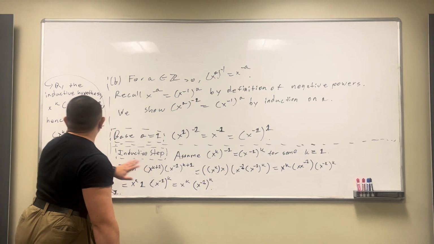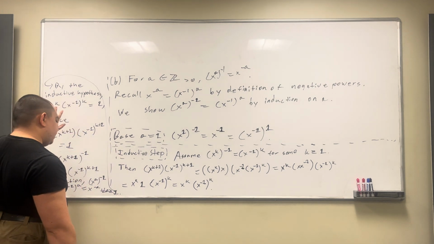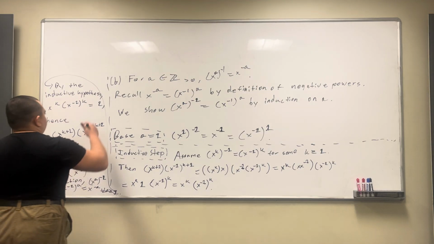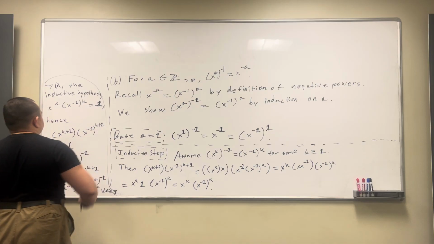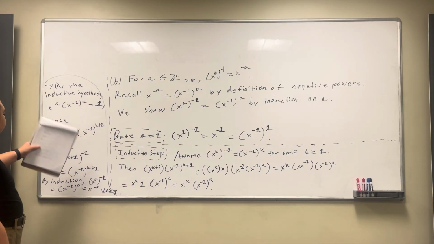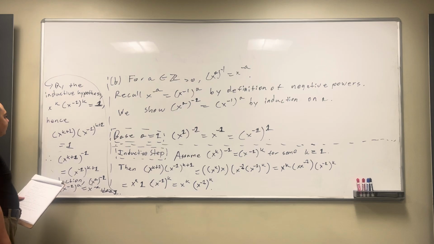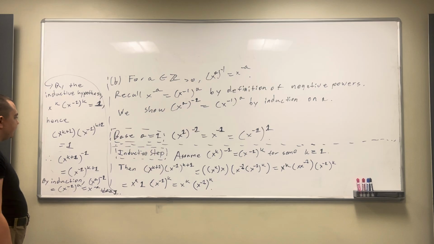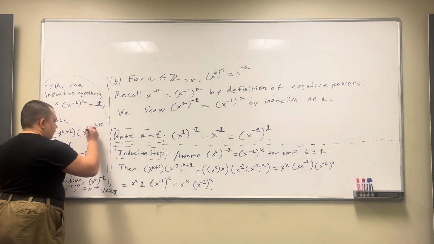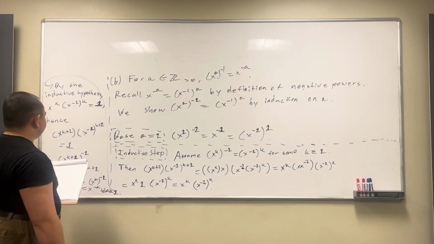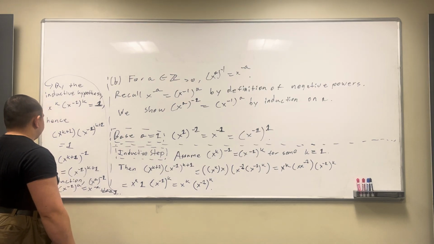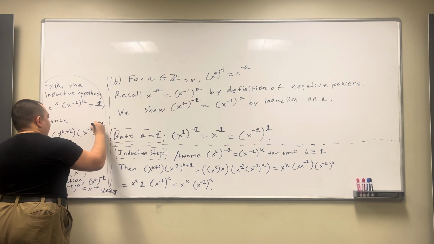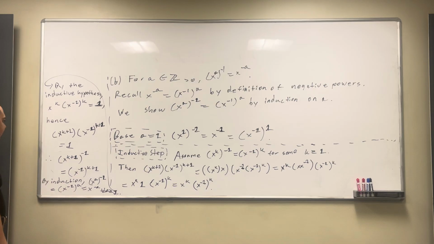Is equal to x, so that holds, rearrange it, and hypothesis, x^k, let's make sure that looks like a 1, x^k (x^-1)^k, hence (x^(k+1)) (x^-1)^(k+1) is equal to 1.